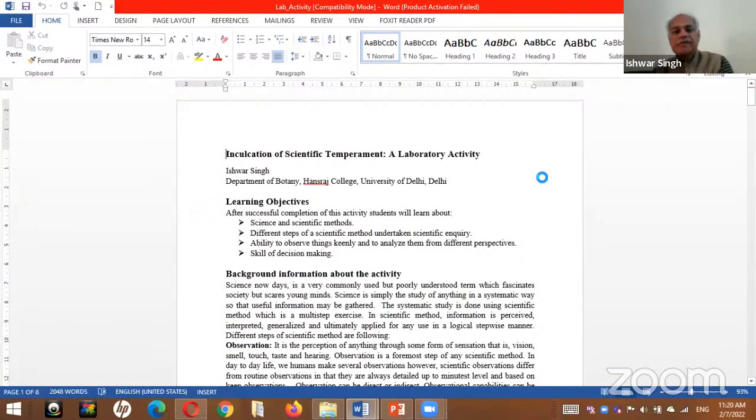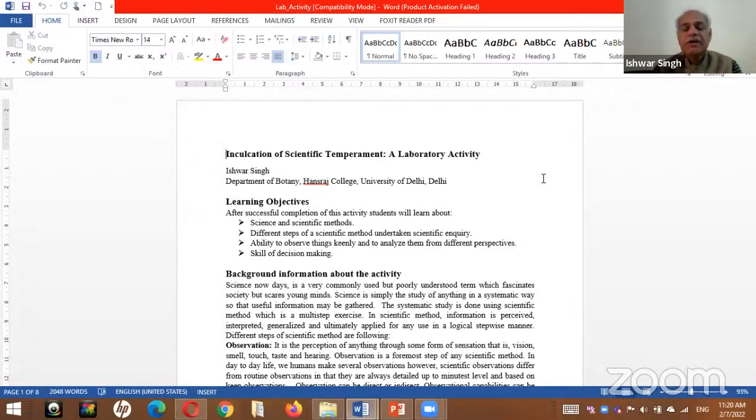So as a part of this workshop, I am going to take a basic concept, that is the inculcation of the scientific temperament. And this is also related to laboratory work, that is the laboratory activity. After this session, you will be able to have some information about science and the scientific methods.